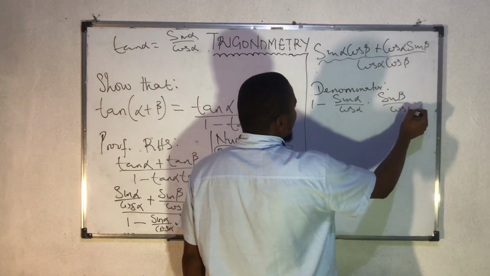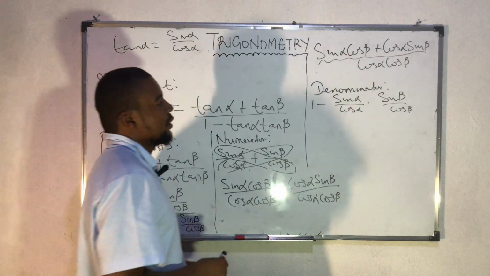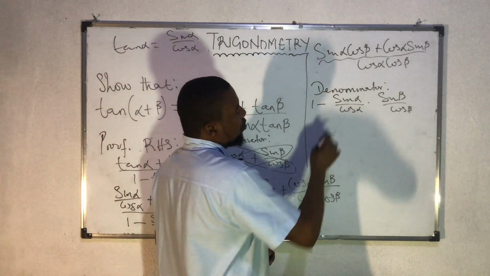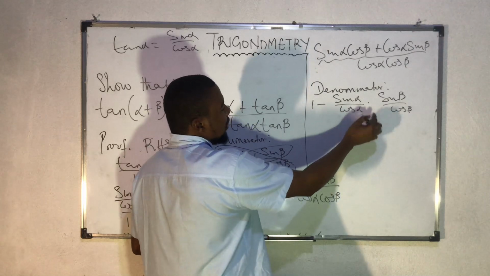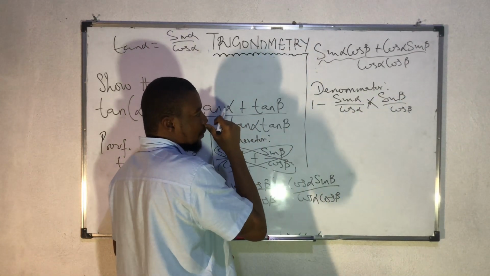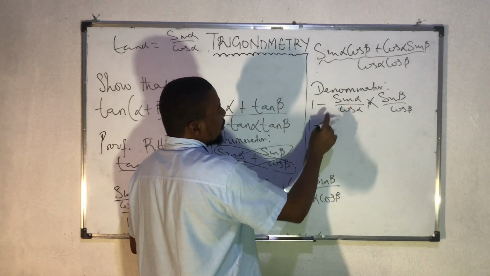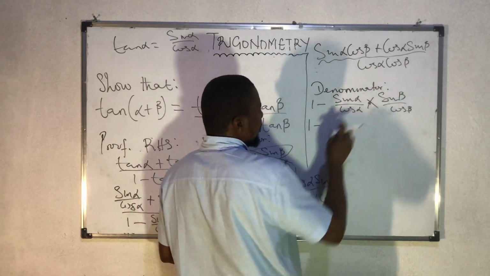Let's go ahead and combine this. First, we need to multiply them together because this is a multiplication. Let's ignore the 1 for now. We copy it down minus sine alpha times sine beta.